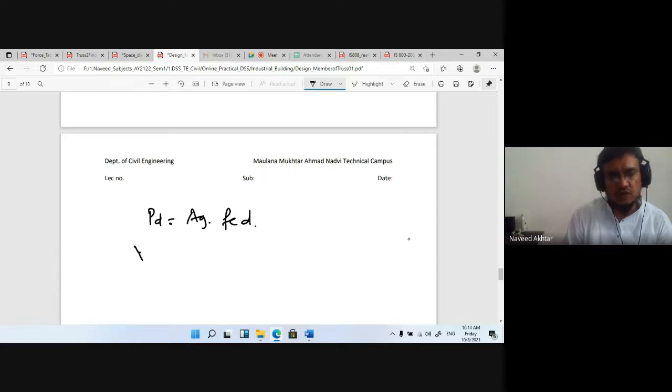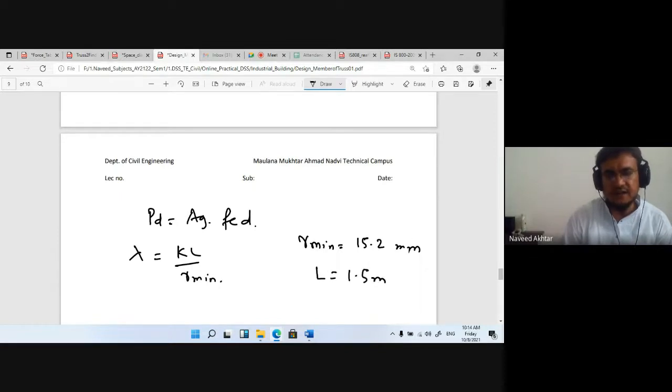Lambda is equal to KL upon r minimum, where r minimum is 15.2 mm and L is 1.5 meter.